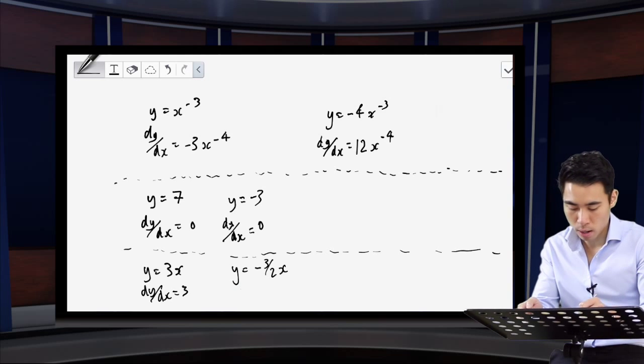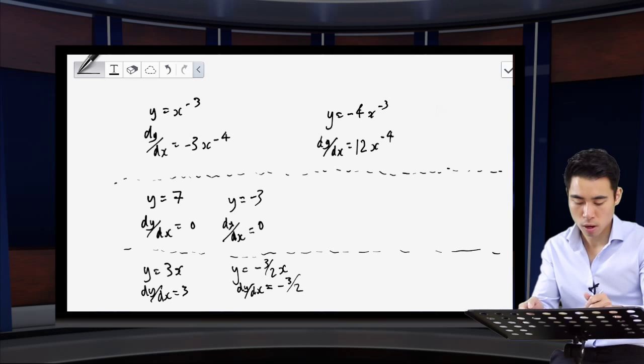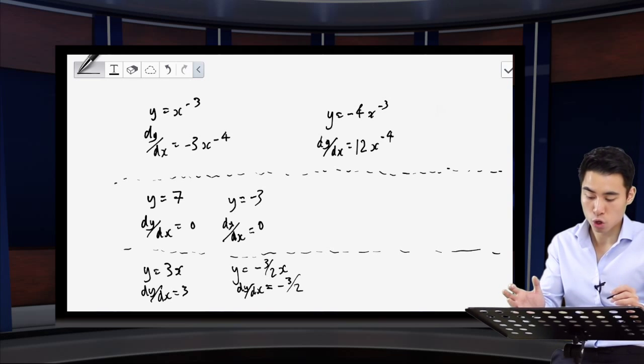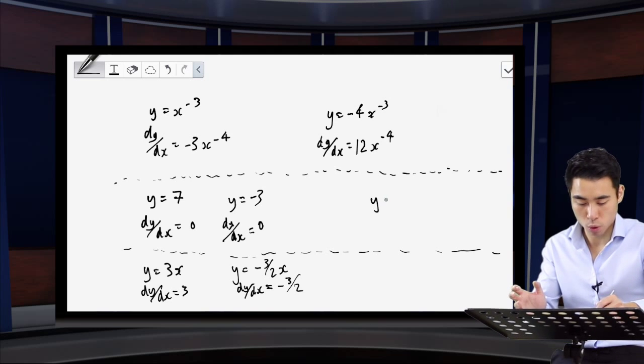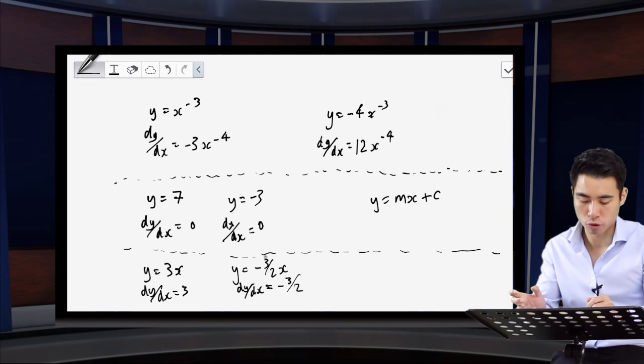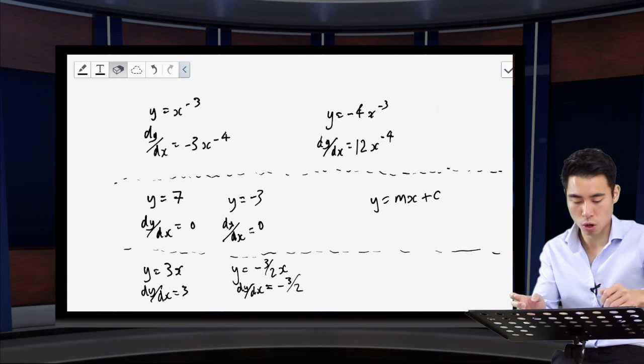Because it's a straight line, obviously that doesn't vary along the curve, so in the second case it's just going to be minus 3 over 2. Just remember, when you have something in the form y equals mx plus c, your gradient is going to be that coefficient on x, the number in front of your x. In this case, the number in front of your x is 3. In this case, the number in front of your x is minus 3 over 2.